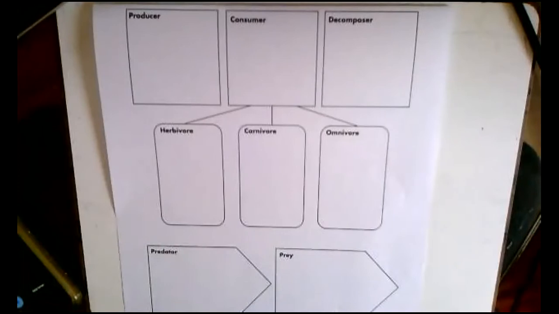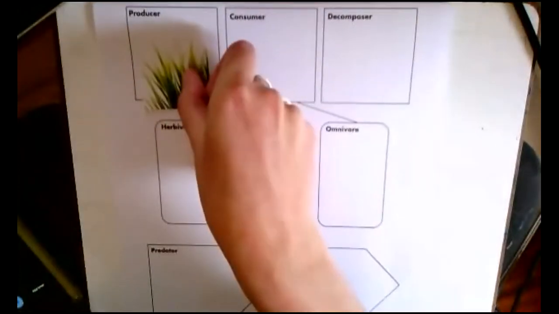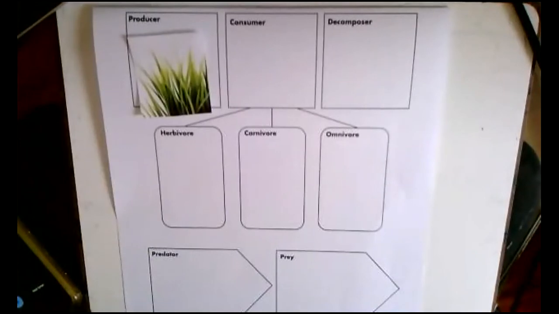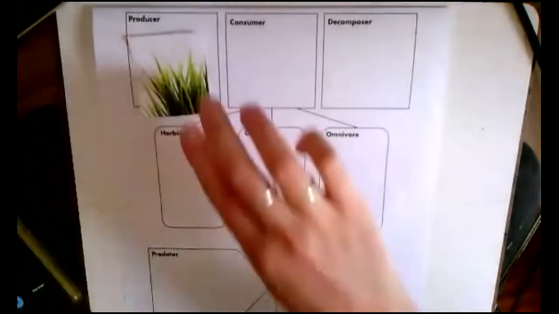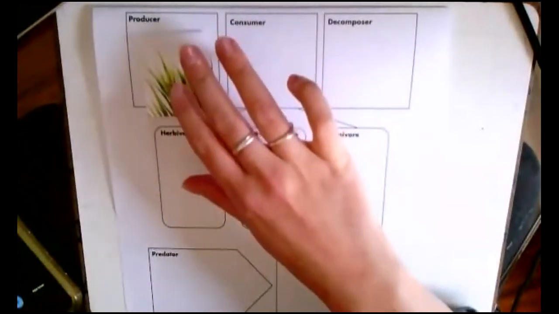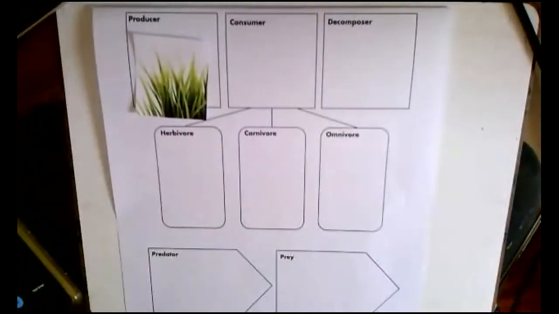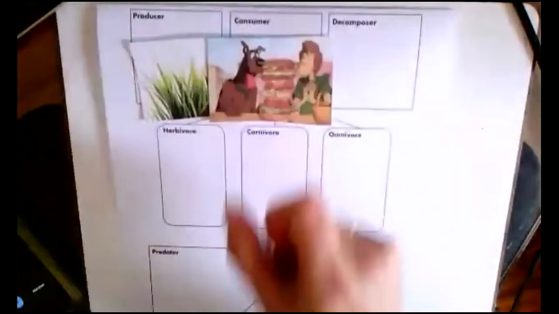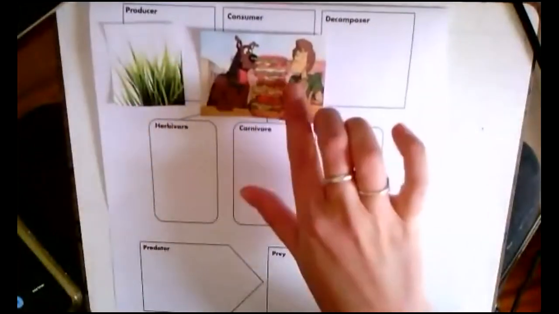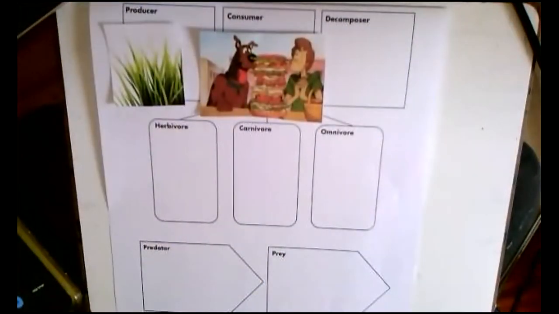All right, let's review. A producer is an organism that makes its own food from sunlight, air, and water. So an example of a producer would be grass or other plants or flowers. A consumer is an animal or a mammal like us that eats plants and animals.